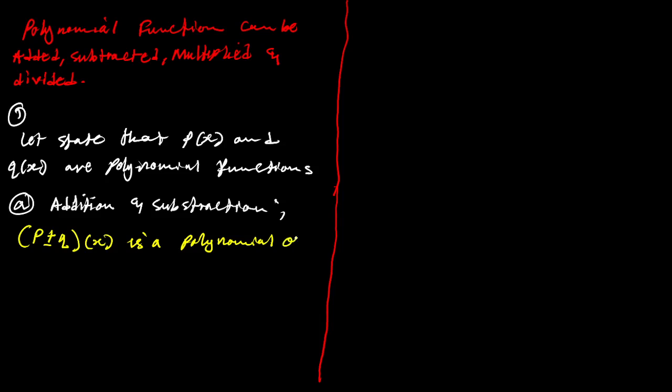Let's say P and Q are polynomials of degree m and n respectively. So what I'm just trying to illustrate is that P is having a certain degree and Q is having a certain degree, which we don't know, so we have P having a degree of m and Q having a degree of n.